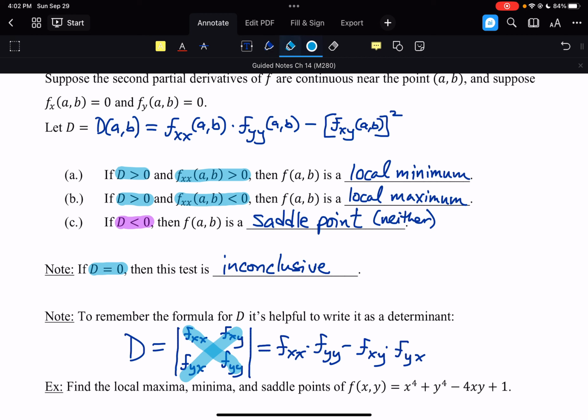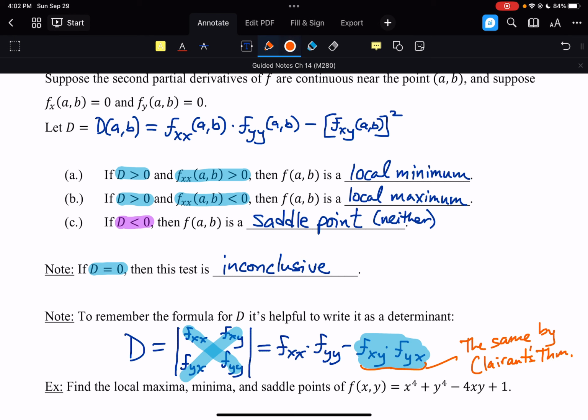Now this doesn't perfectly match, but remember, fxy and fyx, assuming we have continuous partial derivatives, are the same by Clairaut's theorem.